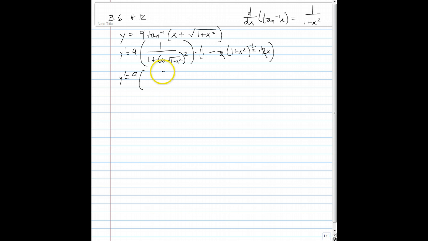So we have 1 over 1 plus x plus square root of 1 plus x squared, times 1 plus, this ends up being x over the square root of 1 plus x squared. Oh, and I left my squared off of here. So, there's a few things that can happen here.